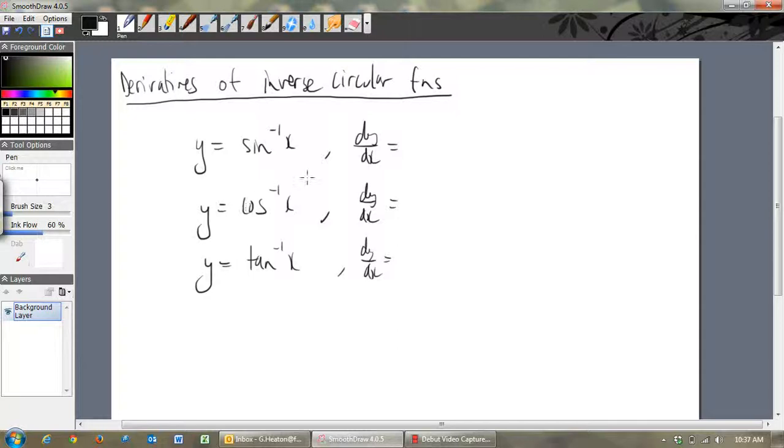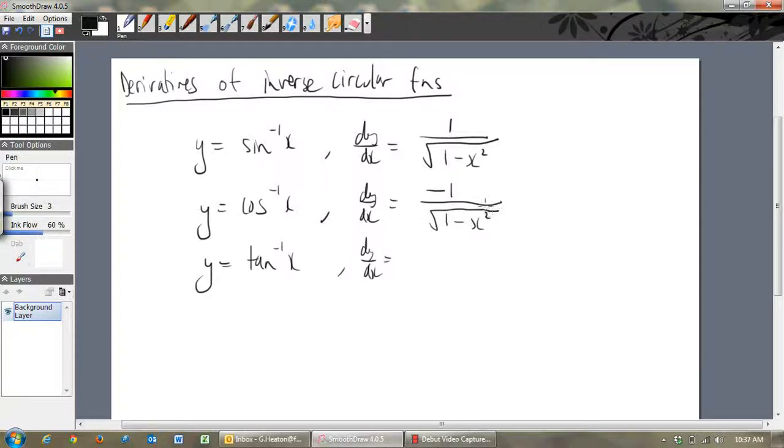I'll prove these in class, but I'll just tell them to you now. The derivative of sin^-1 x is 1 over the square root of 1 minus x squared. Cos^-1 is very similar to that, and if you think about the graph you'll see why, but it's just the negative of that one.